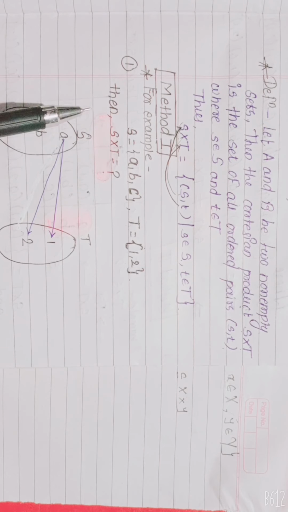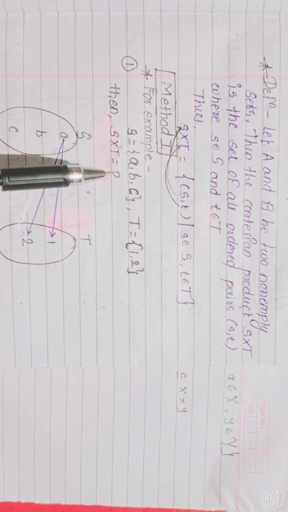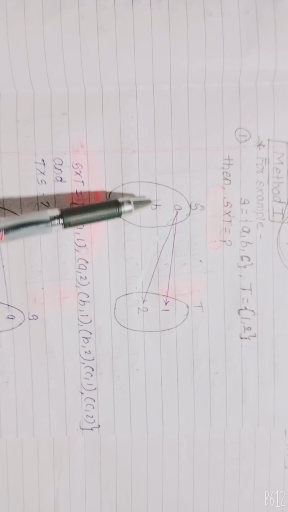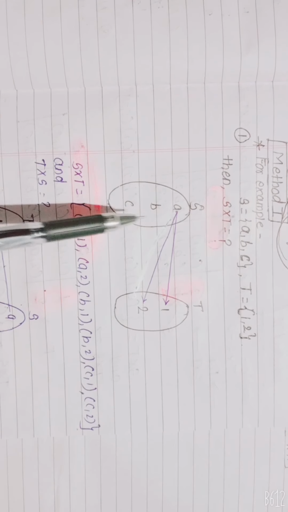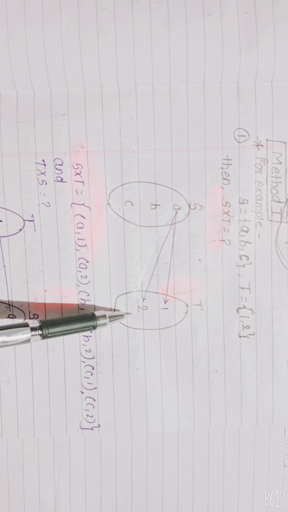Then this says to find the Cartesian product S cross T. We consider the 2 sets S and T, where S contains the elements a, b, c and T contains the elements 1, 2.